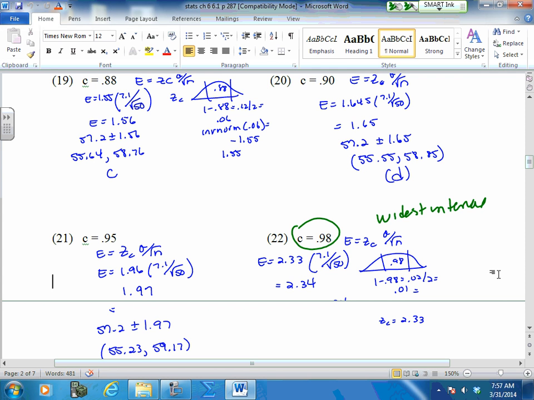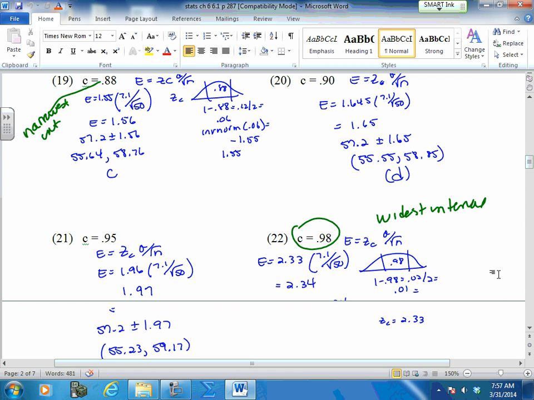So go for the one that has the widest interval. This one has to be the narrowest interval. And then you can match them up. And then you should figure out between 90 and 95. 95 is a little wider than 90. Could you match them up?